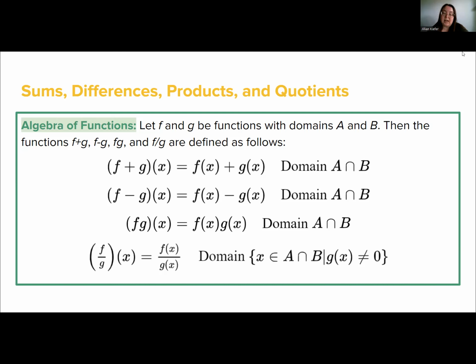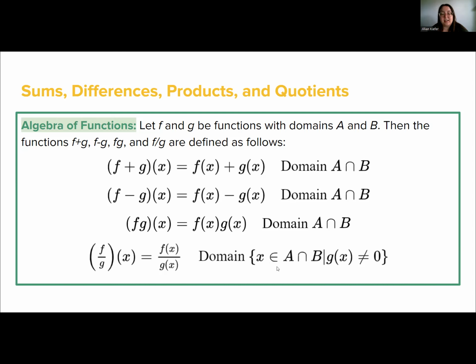Then lastly, here we have the domain is x, and we're going to read this out. This is in set builder notation. We briefly reviewed this a few sections ago. So our domain says that x is in, that's what this backward E means right here. It means the word in.